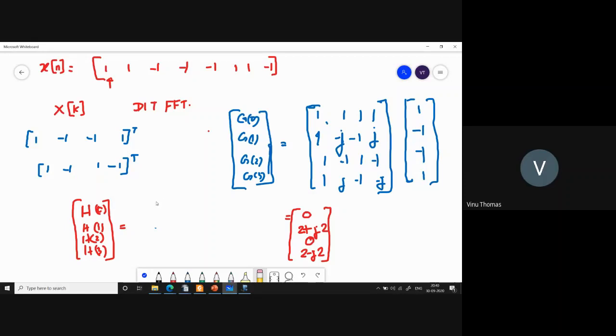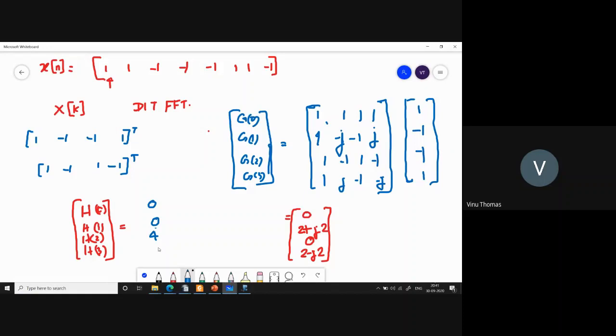Then what's the next value? That is 0. What is the next value? That's also 0, right? What is the next value? 4, and that will be the sum of all the values.